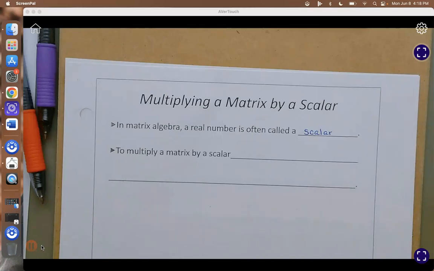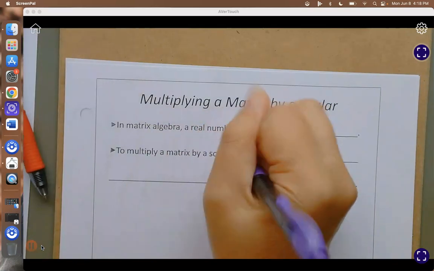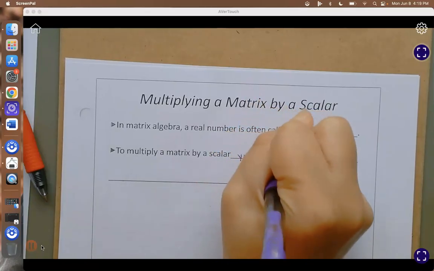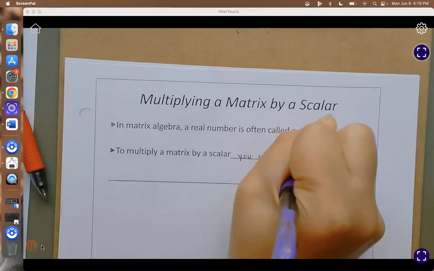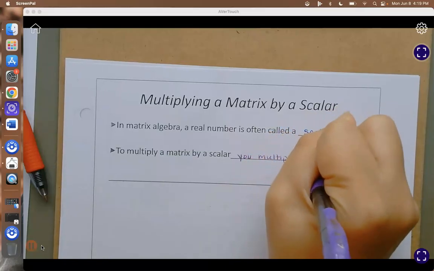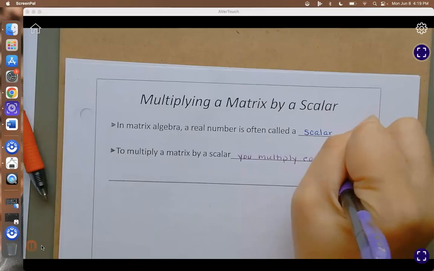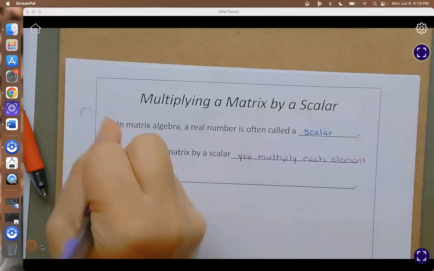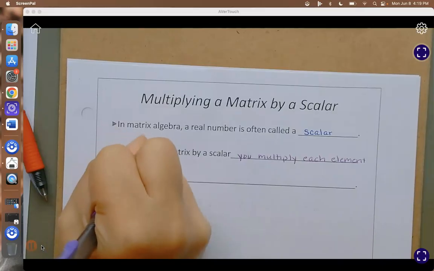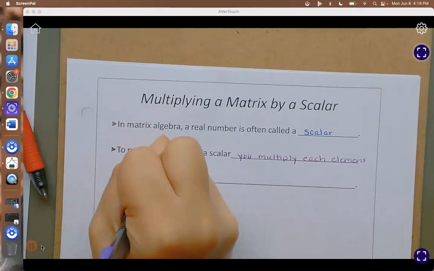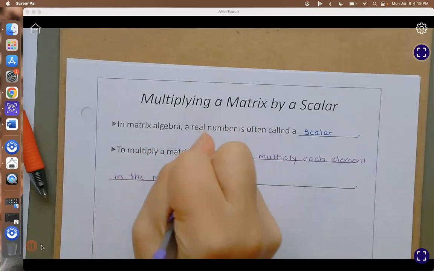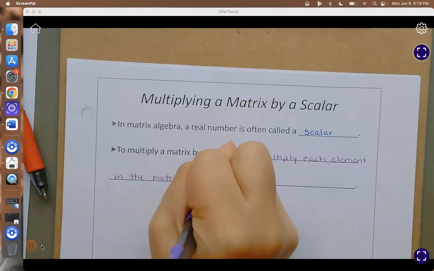To multiply a matrix by a scalar, you multiply each element in the matrix by that scalar.